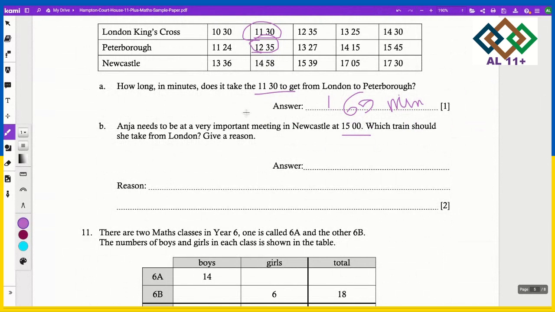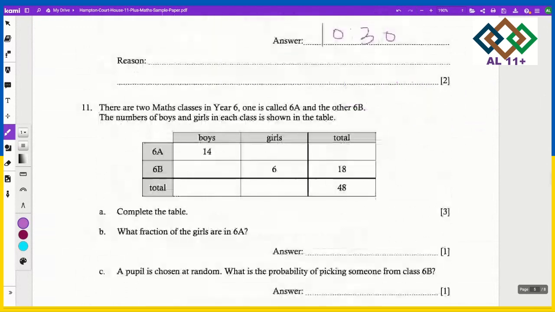According to me, she'll be taking the 10:30 train, so that she arrives on time. She will have plenty of time to reach, because if she goes at 11:31, she will reach at 2:58, and the meeting starts at 3. We also don't know how long the walking is, so you have to think about all these things.